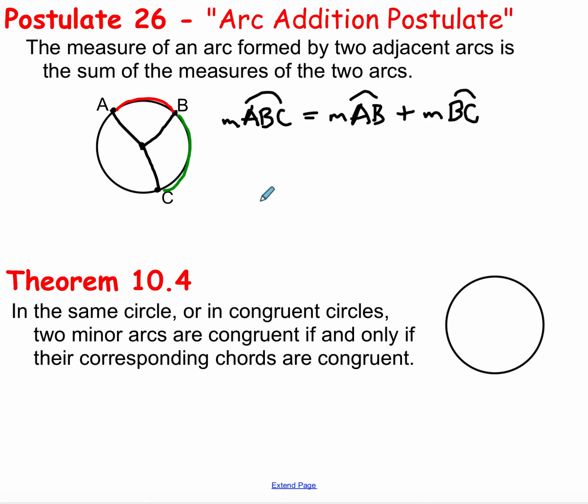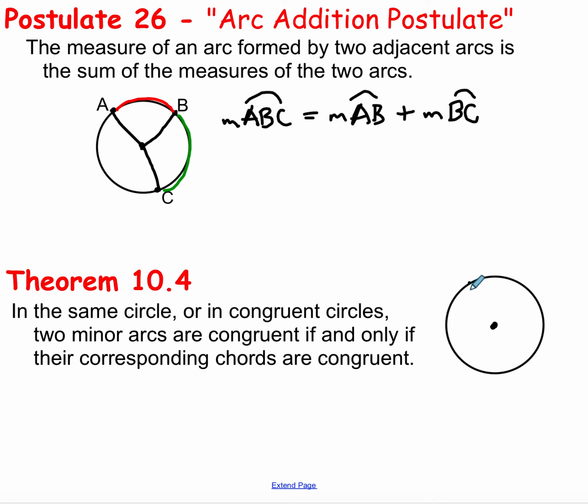Let's move on to Theorem 10.4. Theorem 10.4 says, in the same circle or in congruent circles, two minor arcs are congruent if and only if their corresponding chords are congruent. Okay, this one's a little bit different. Let's draw a picture to really hammer home what we mean.